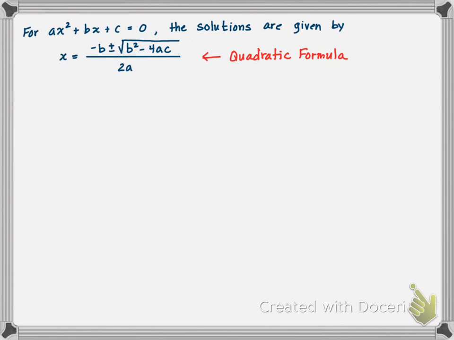Only equations that are degree 2 polynomial equations can be solved with the quadratic formula. Note that it's not about how many terms there are. If you have x to the third plus 6x minus 5 equals 0, that cannot be solved using the quadratic formula because it's not a quadratic equation. It doesn't have degree 2. It has an x to the third in it.